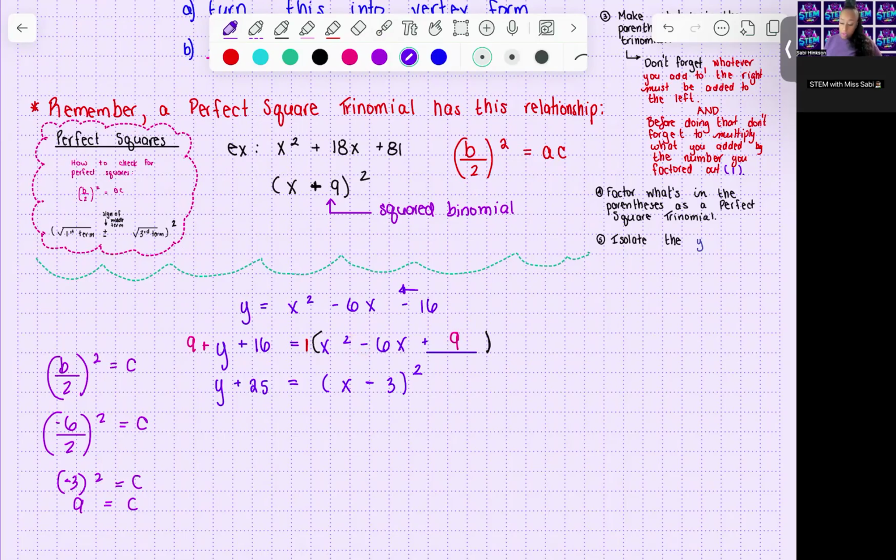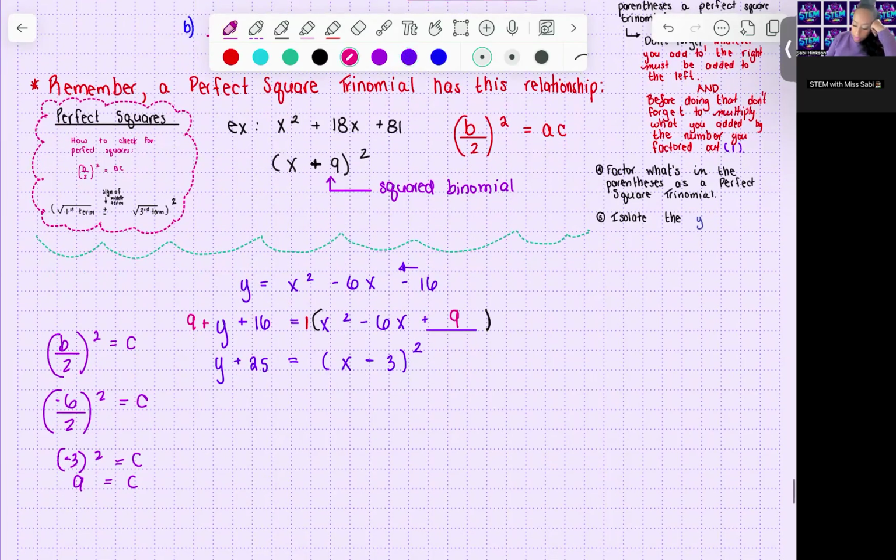Okay, now you'll notice I have to isolate the y because that's what the vertex form is. y is equal to a, open brackets, x minus h squared plus k. So I'm going to bring this over. So now I have y is equal to x minus 3 squared minus 25.